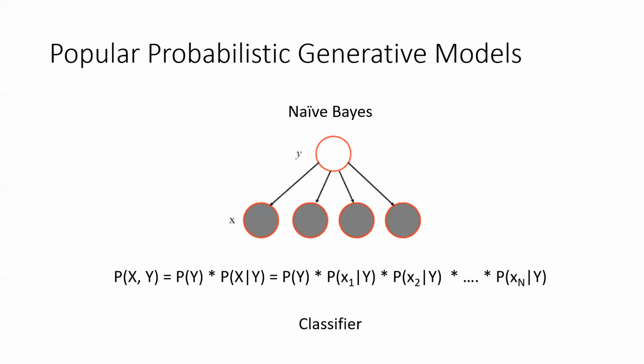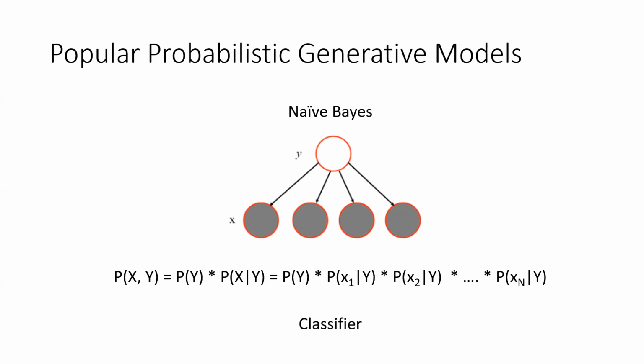Now, the generative model: given the label, the naive Bayes can generate the features, the input. We said that the probabilistic generative model is a joint probability distribution. Here it is very simple. It comes from the main assumption that naive Bayes makes: given the class Y, all the inputs, all the features, the X's, are independent of each other.